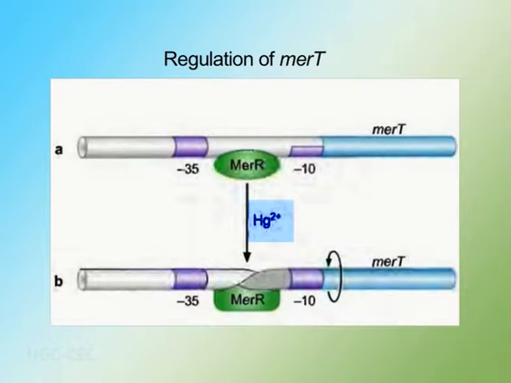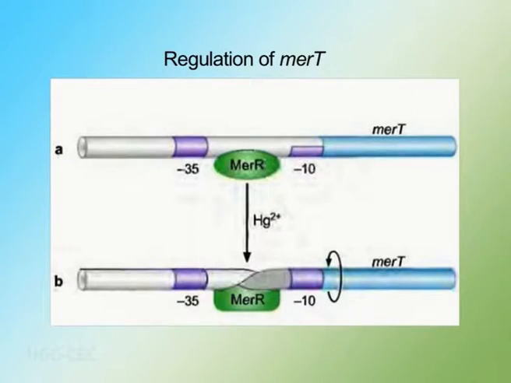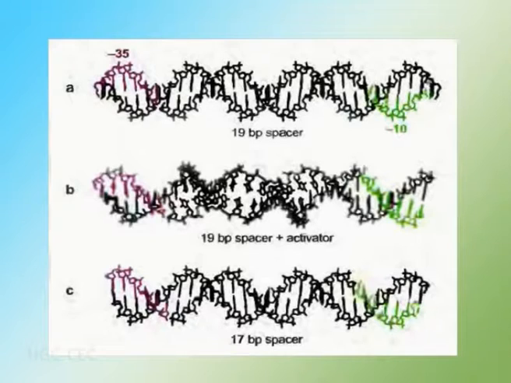Only when Hg2+ comes into the system and binds to MerR, the interaction between Hg2+ and MerR leads to a conformational change in this MerR-Hg2+ complex. And this alteration in conformation of MerR leads to twisting or bending of the DNA, as a result of which the -10 and the -35 sequences, which were on the opposite faces of the DNA, are brought onto the same face because the MerR complexed with Hg2+ is twisting the DNA.